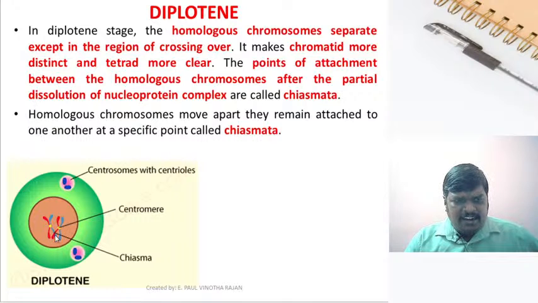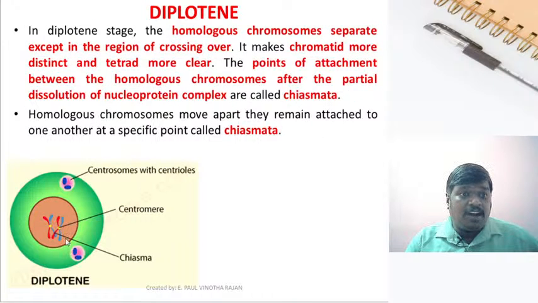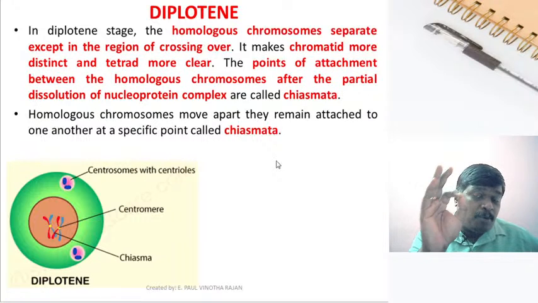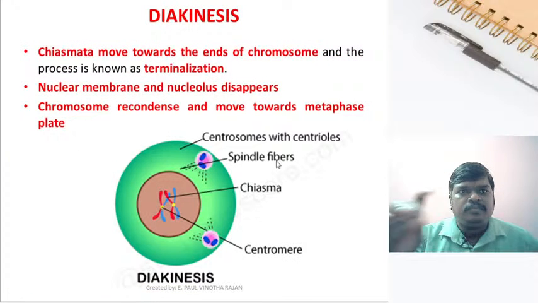Here you can see that the point of attachment between the two non-sister chromatids is called chiasmata. Previously both of them were joined closely together like this. Now the attachment is only at a specific point, and that specific point we call chiasmata.